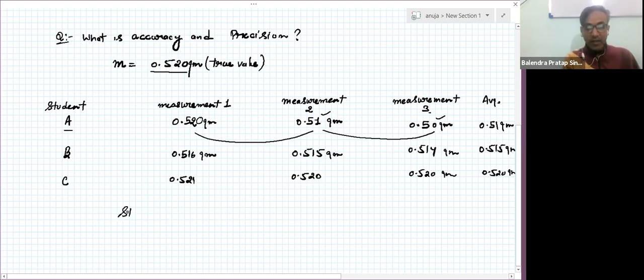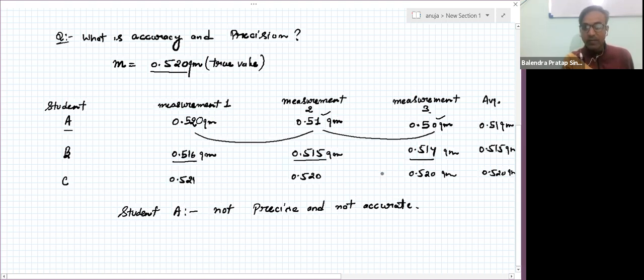So the measurement of student A is not precise and not accurate. Next, student B. The exact value, or true value, is 0.520, and the first measurement of student B is 0.516, next 0.515, and next 0.514.